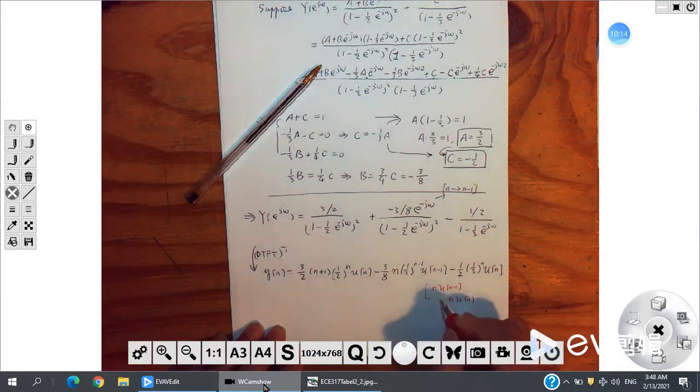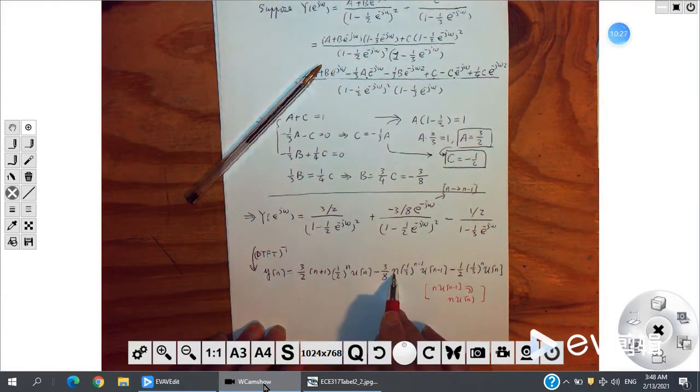So these two are the same. So we can just replace u of n minus 1 by u of n, because I have n in front. In general, u of n minus 1 and u of n are different, but here they are the same thing. Then all of them have u of n. This is the first thing we can do to simplify.